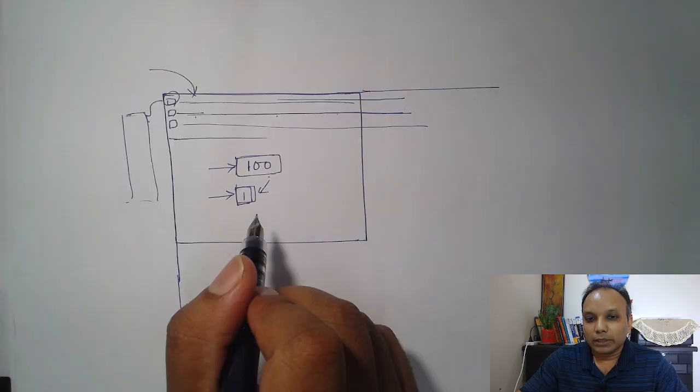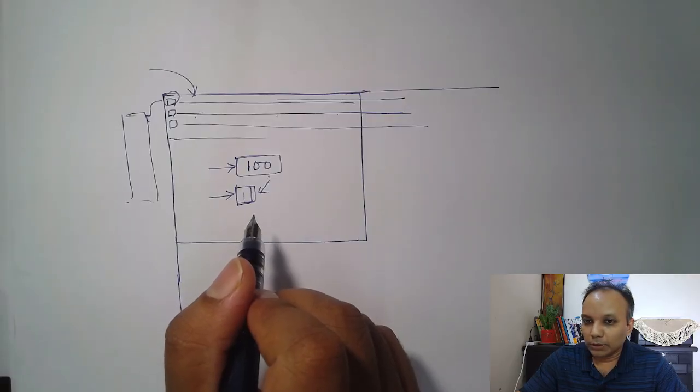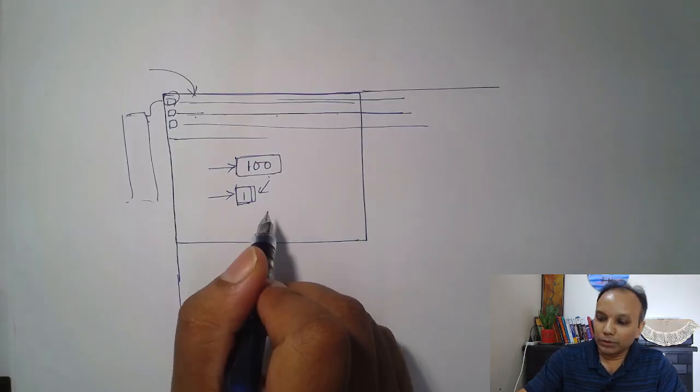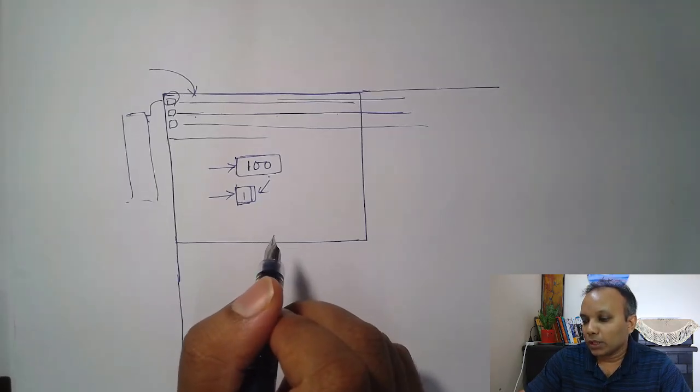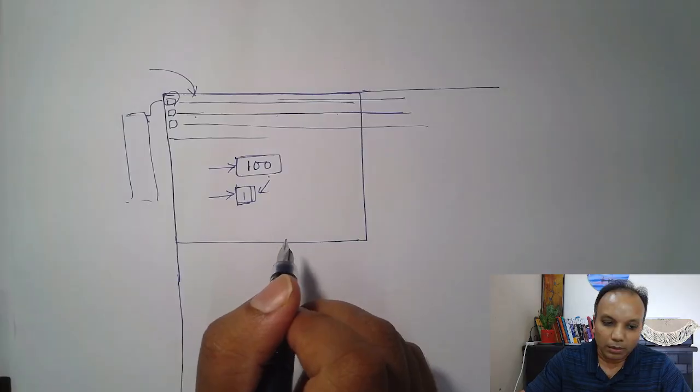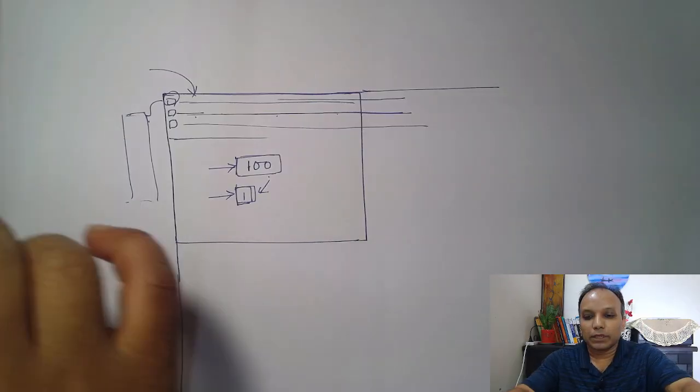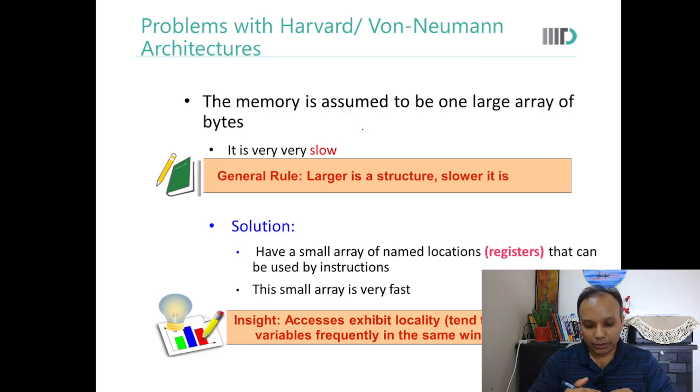So, to overcome that, the proposal is, can we build some smaller memories or registers which will be closer to your processor. Now, what is the advantage of that? The advantage here is that, see, it has been observed, irrespective of the kind of application you are looking at, generally there is a very high spatial and temporal locality in the data you access in executing a program.